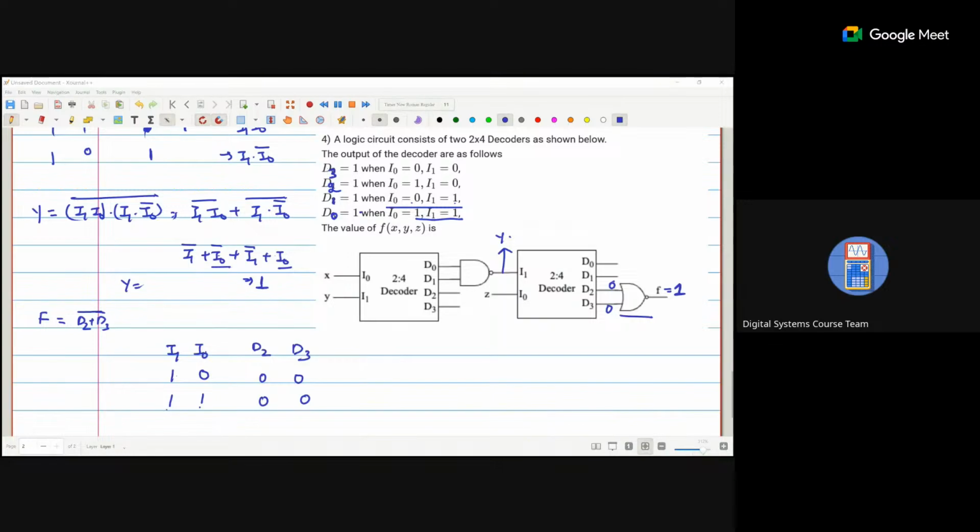Now can you try this graded assignment question? I think you will get the correct answer.